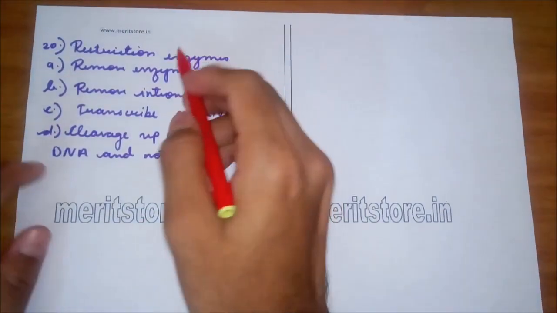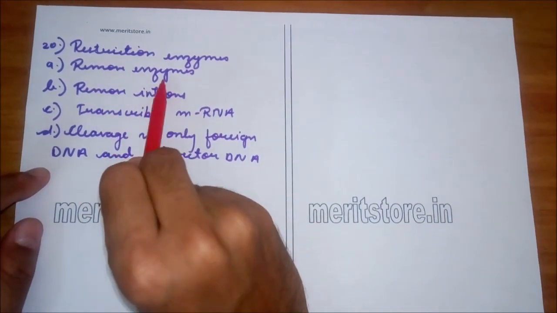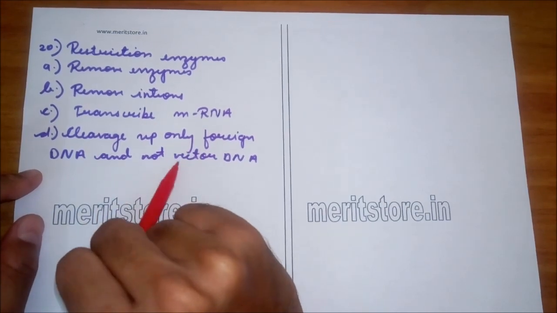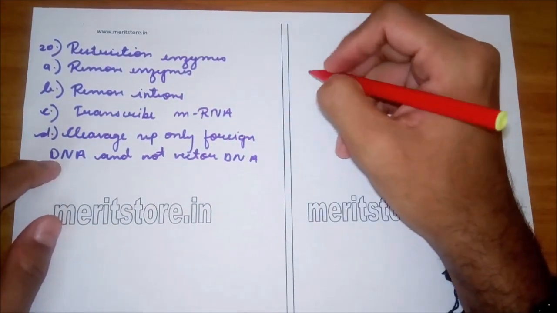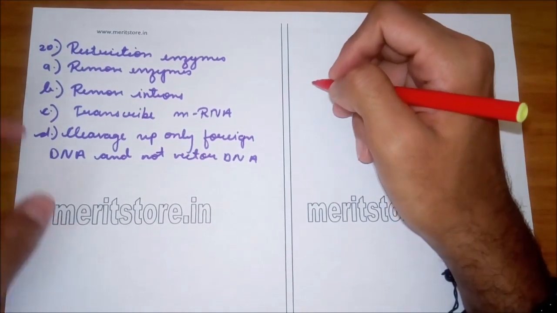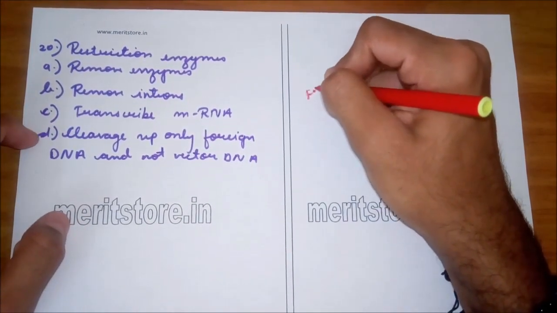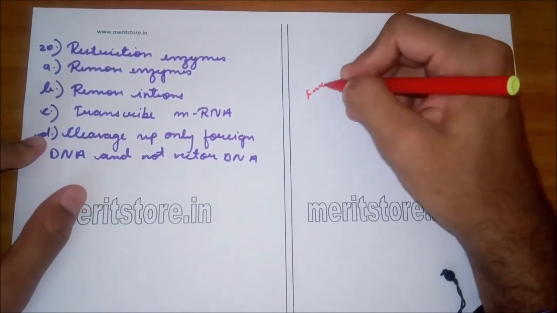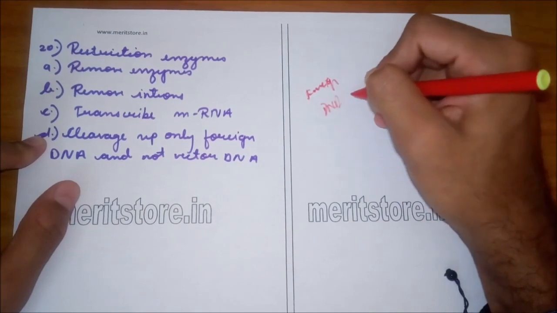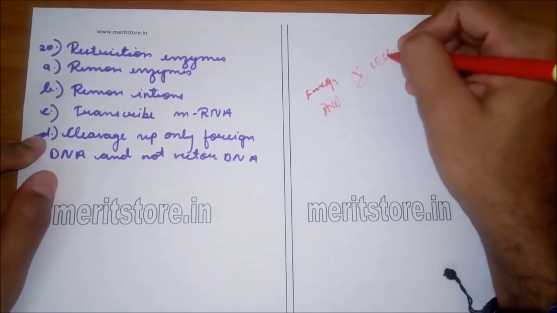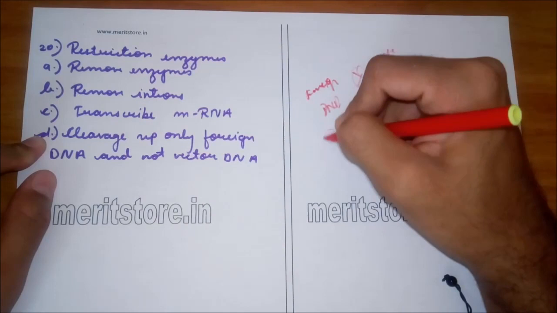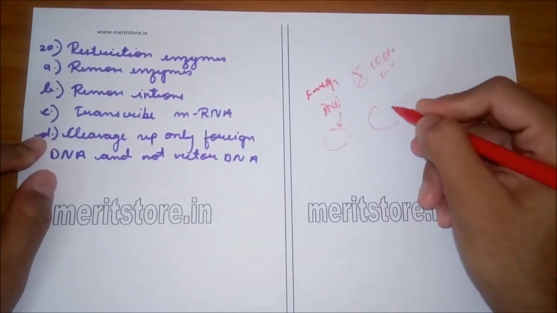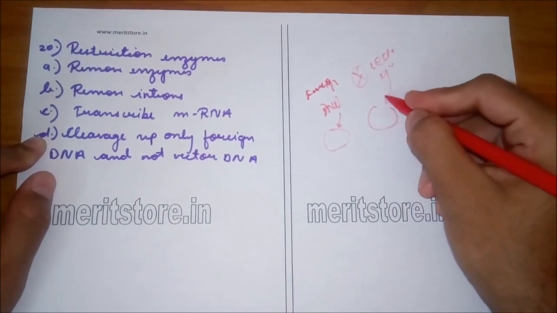Question number 20. Restriction enzymes. They remove introns, transcribe mRNA, or cleave apart foreign DNA and not vector DNA. The correct answer is option D, which states that it cleaves upon foreign DNA molecule. So restriction endonucleases act on the foreign DNA molecule and not on vector DNA, so that the vector DNA is left, into which the foreign DNA gets incorporated.